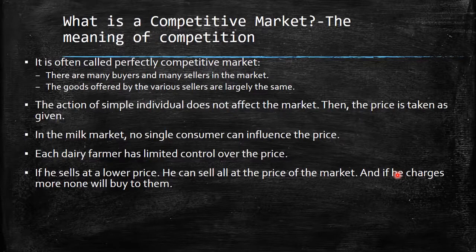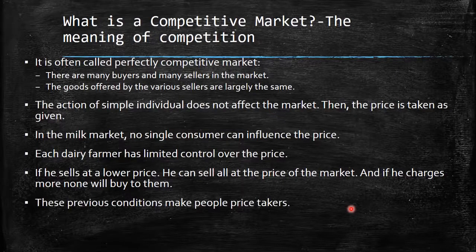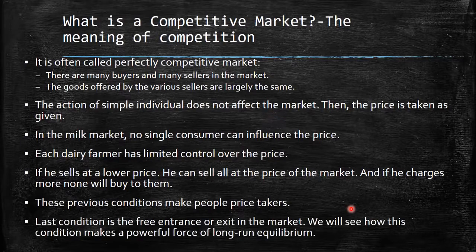Anyone will buy from him, but the benefits will be a lot worse. The other possibility is that he puts the price higher. Immediately, you don't go to this dairy farmer to pay for the milk. You go to another one because it's exactly the same product and the price is lower. These conditions make people price takers.